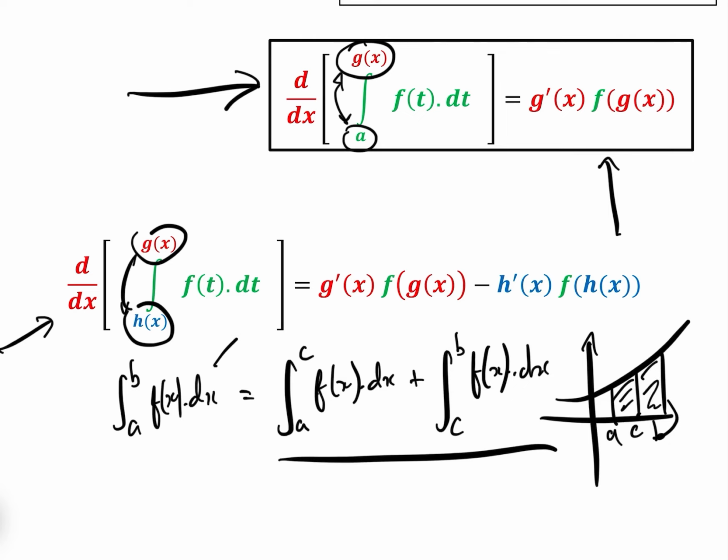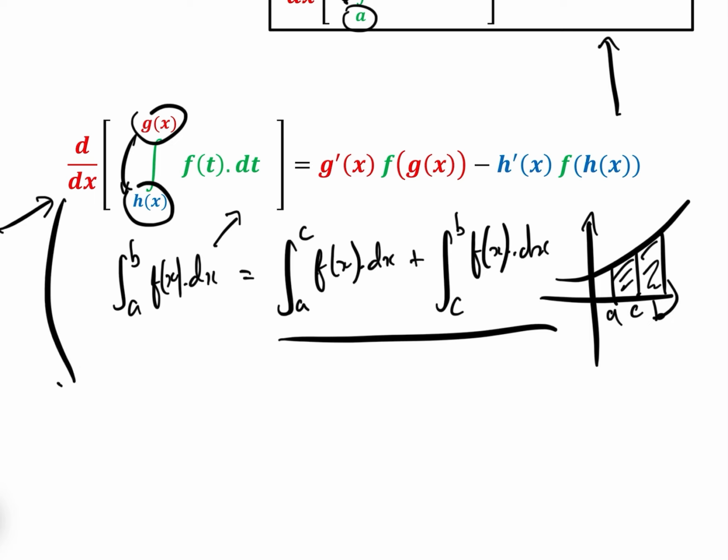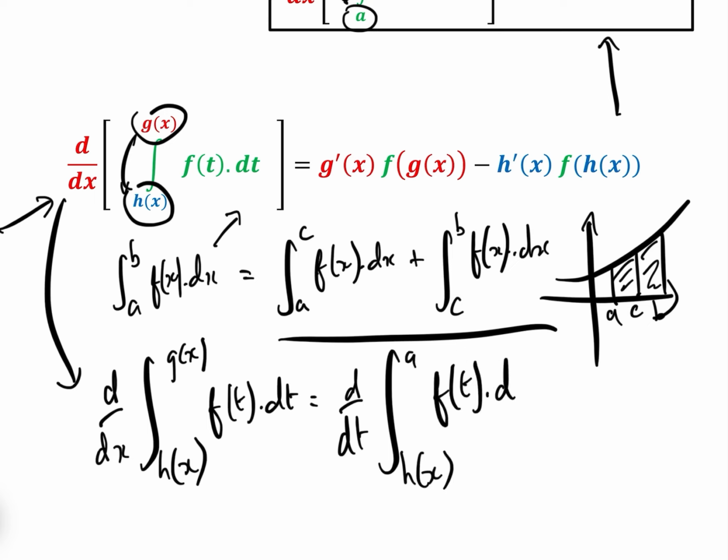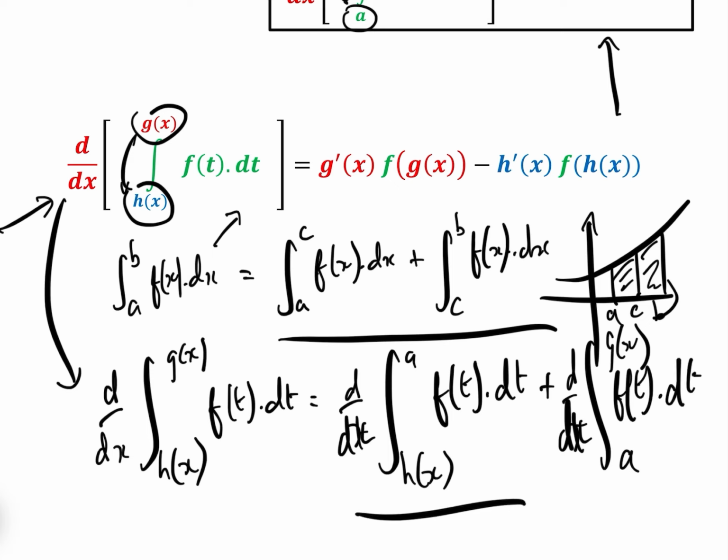If we do this here, then we can rewrite d dx of the integral from g of x to h of x of f of t dt as d dx of the integral between h of x and a of f of t dt, add d dx of the integral between g of x and a of f of t dt, and both of these have a constant in them, so we can use that formula.